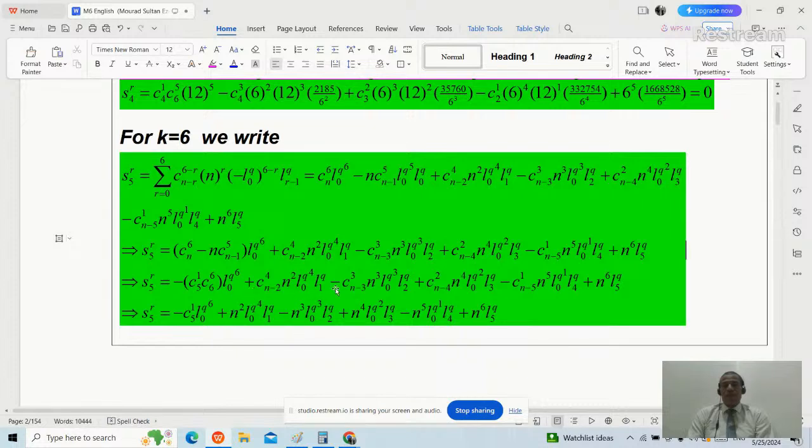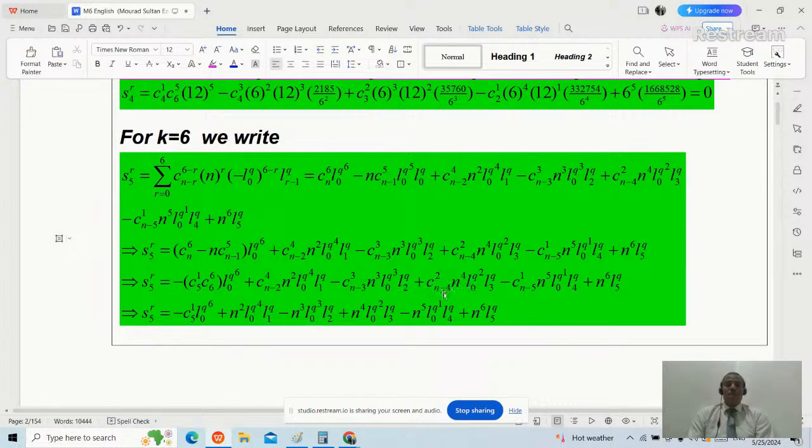Plus minus combination n minus 3 choose 3, and 6 minus 3 is 3. 3 choose 3 is 1. That's why no need to write it even. I just write negative the cube of n, the cube of L0 for the q times L2, plus this one also is 1 simply because 6 minus 4 is 2.